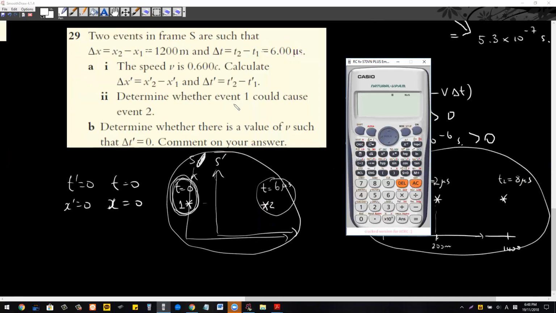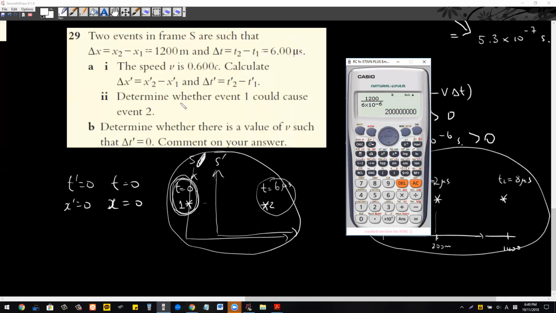Okay. So simply divide 1,200 by 6 microseconds, because the time interval between these two events is this much time. So we can see that this is 2 times 10 to the power of 8 here, right? Yeah. Which is less than the speed of light.